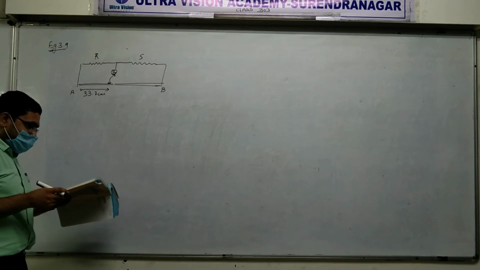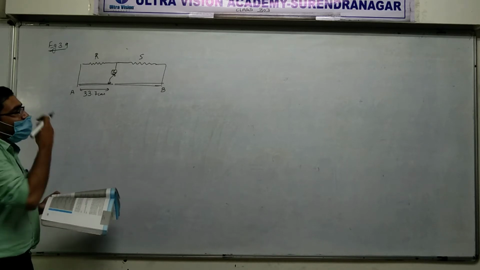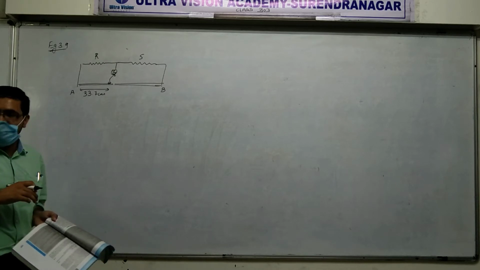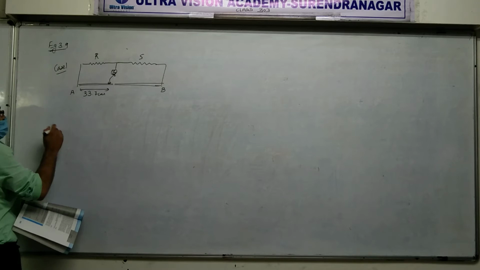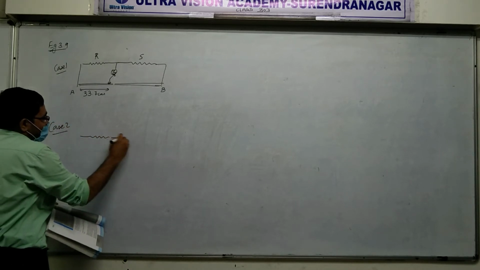If now a resistance of 12 ohm is connected in parallel with S, the null point occurs at 51.9. So this is the figure of case 1, and this is the figure for case 2. What are we doing now? Read it carefully.